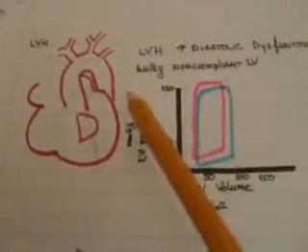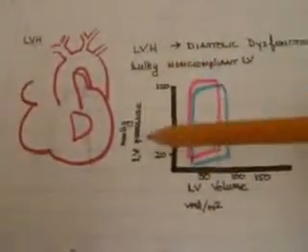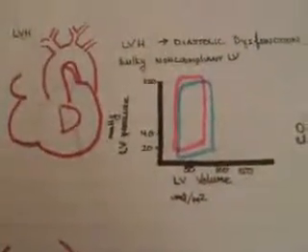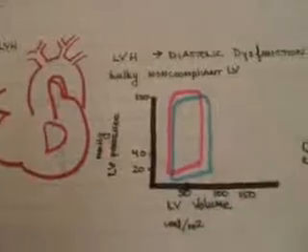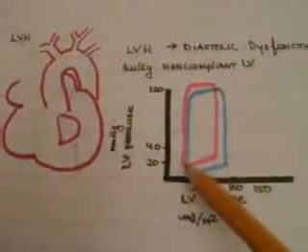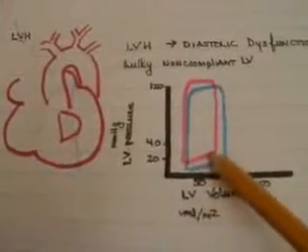First of all, the compliance, by definition, is a change in pressure over a change in volume. So if you were to look at the cardiac cycle, we can say that the beginning portion of this cardiac cycle is a movement of blood from the left atrium into the left ventricle.